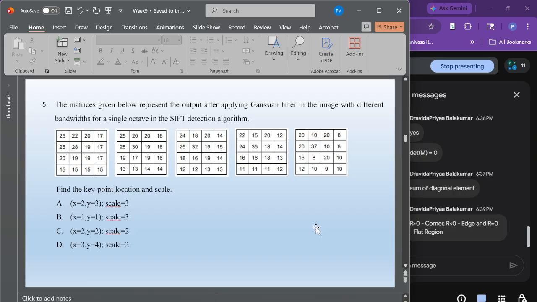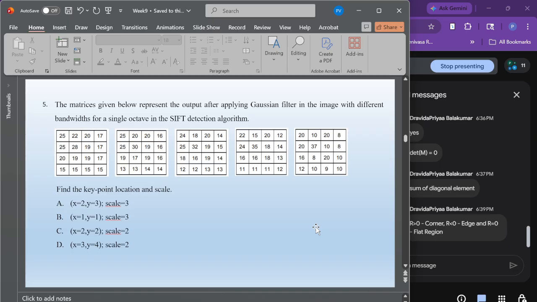Okay. So our next question is: the matrices given below represent the output after applying a Gaussian filter on the image with different bandwidths for a single octave in a SIFT detection algorithm. Find the key point location and scale.